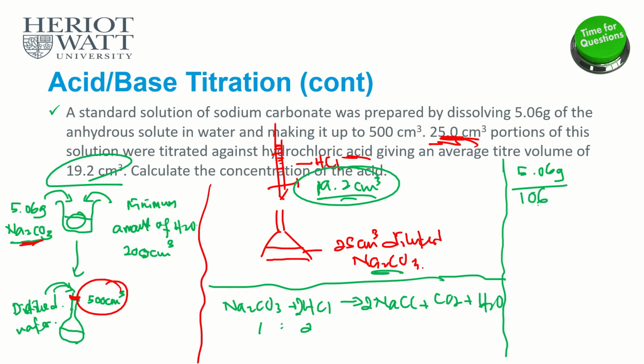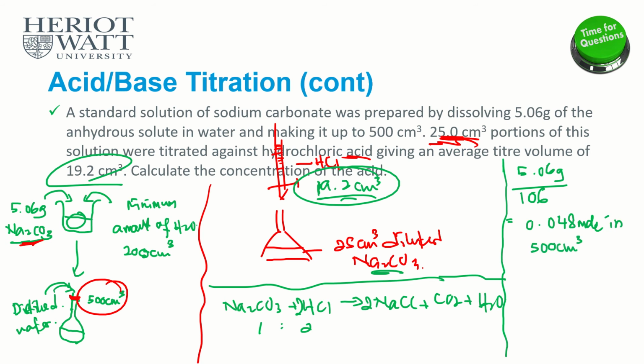So I'm going to divide by 106, that's the molar mass. 5.06 divided by 106, I'm getting 0.048 mole. So I've got the mole of sodium carbonate. Now, this is the mole in 500.